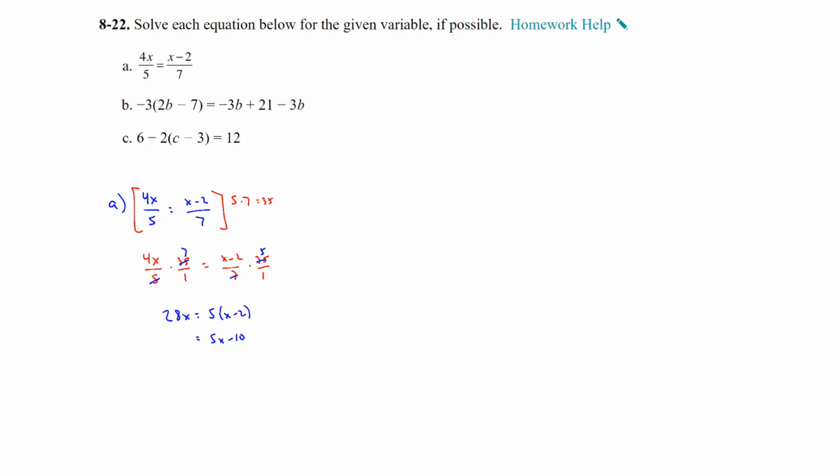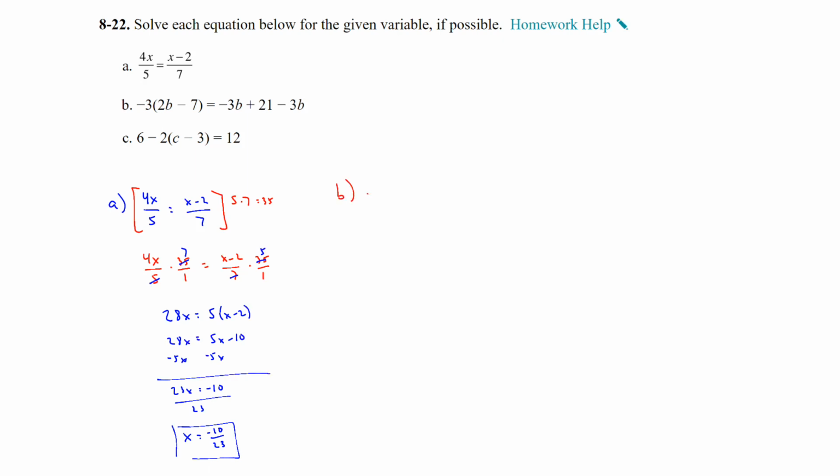So then you can distribute that part, subtract the 5x. That'll give us 23x is equal to negative 10. And then when we divide by 23, x is equal to negative 10 over 23. And we can leave the answer just like that. So that solves part A.